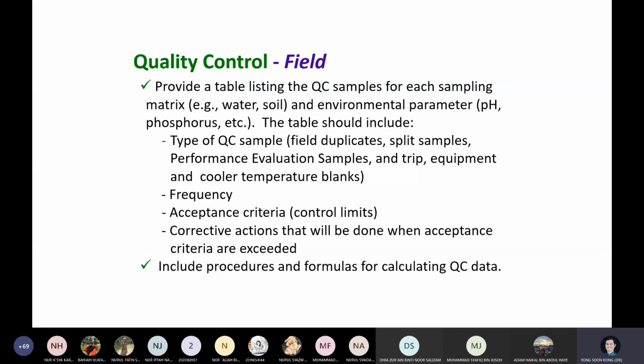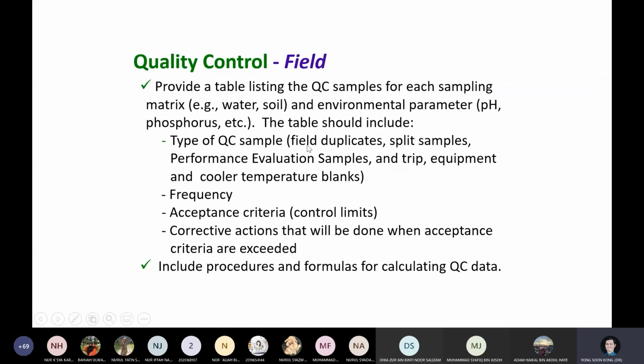Now, I'm going to go through this quickly. Quality control. In terms of field quality control, these are the things you can do to measure change and minimize error. I want to introduce the types of QC samples, which you need to pay attention to, more so if you want to plan your environmental sampling plan, because these are compulsory.